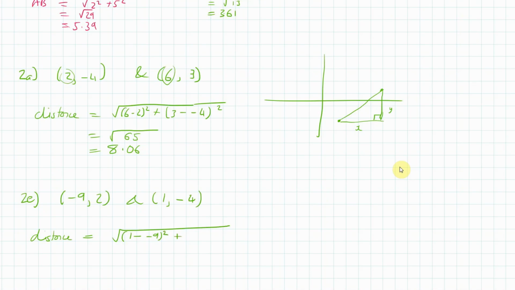We square that. Then we find the distance between the y values. And we square that. So we get the square root of 10 squared plus negative 6 squared, which is equal to the square root of 136, which is equal to 11.6 or 11.7 to 3 significant figures.